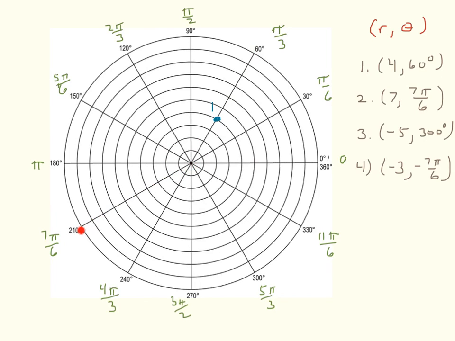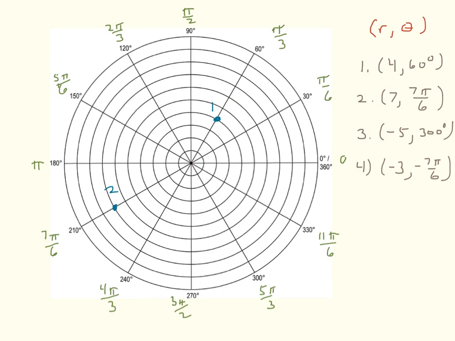And now I have the point 7. Well, if I'm staring here, I can just go 1, 2, 3, 4, 5, 6, 7, and I can put a dot at that point, and that is point 2. That's the point 7, 7 pi over 6.